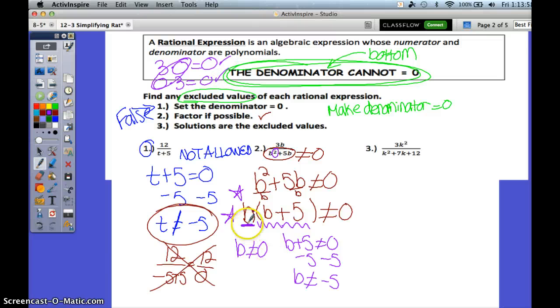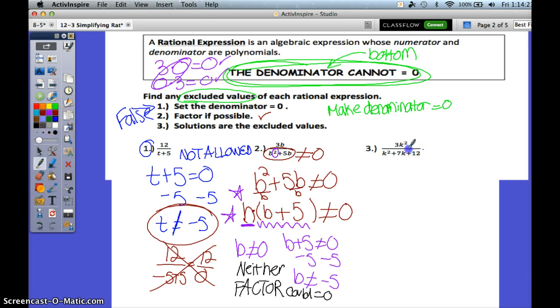So neither one of the first or the second factor could equal 0. Why don't you make yourself a little note that says neither factor could equal 0.